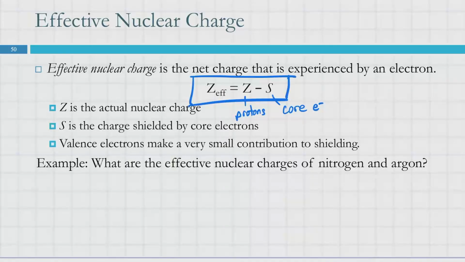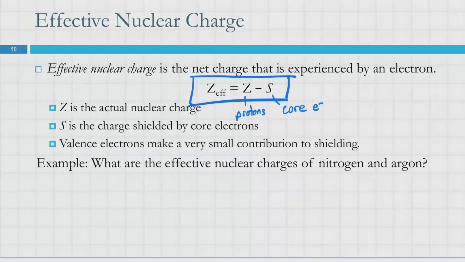I've drawn this up a couple of times, just not with these exact terms. Valence electrons also make a small contribution to shielding. We're going to just ignore it for the sake of simplicity.